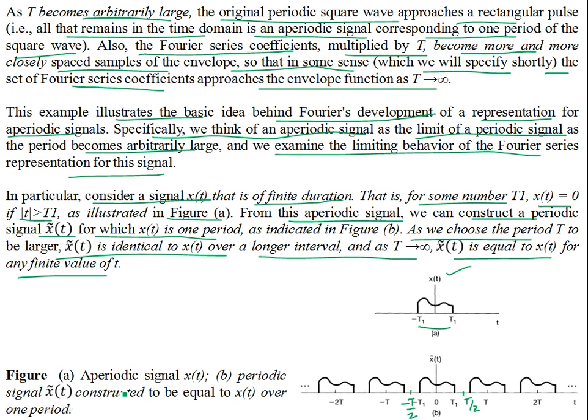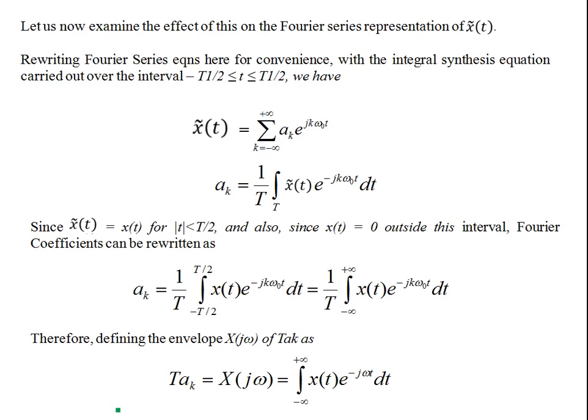Okay, so part A is aperiodic signal x(t). Part B is showing you a periodic version of the same signal denoted by x tilde(t), constructed to be equal to x(t) over one period. Okay. Now let us examine the effect of this on Fourier series representation of x tilde(t) analytically.